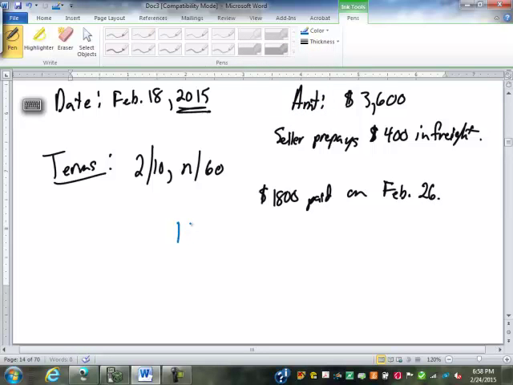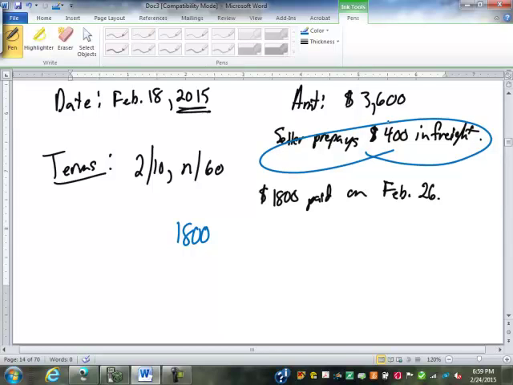Okay, so that's $1,800. But we do not take 1,800 divided by 0.98. Can anybody tell me why? There's freight. Freight is a prepaid obligation, which means when the buyer pays, that is the first thing that is paid.